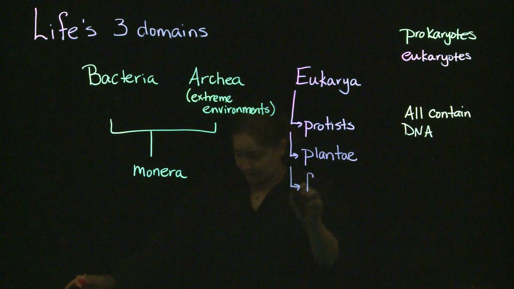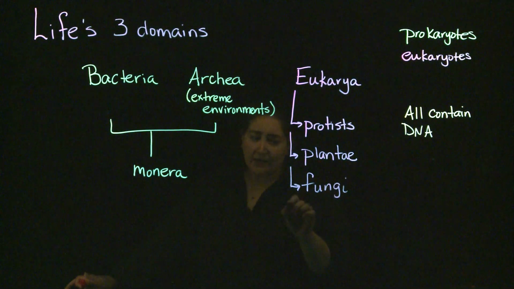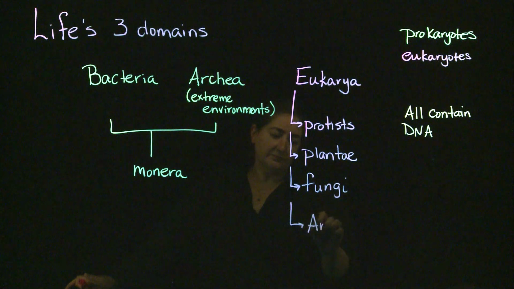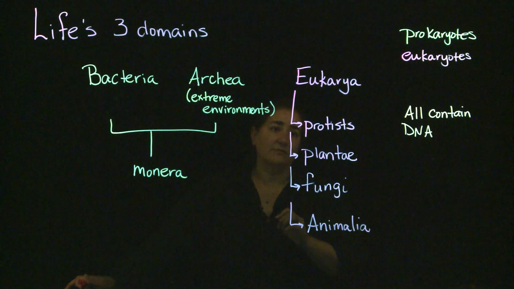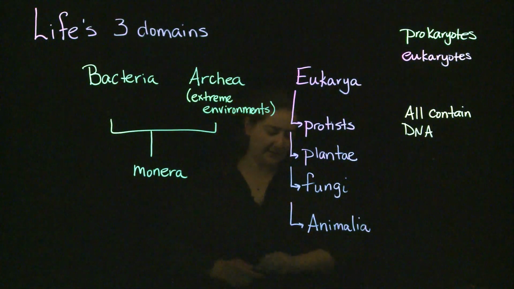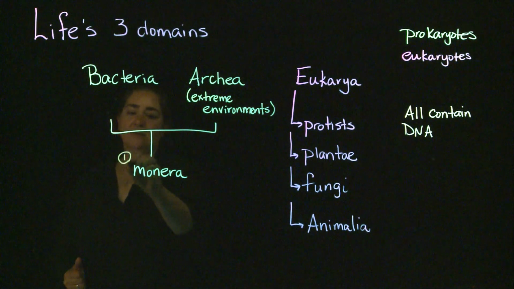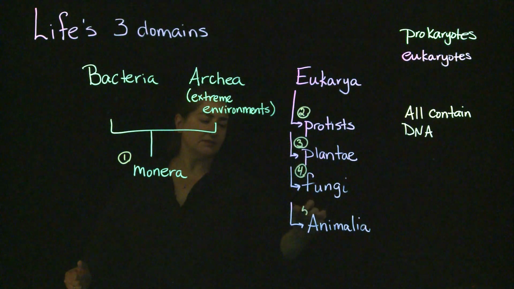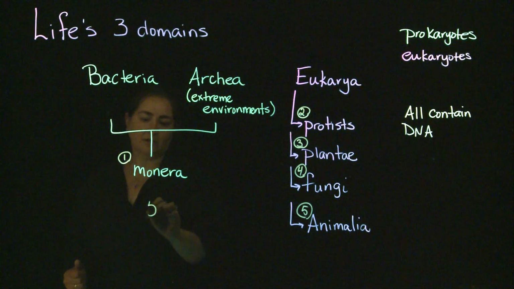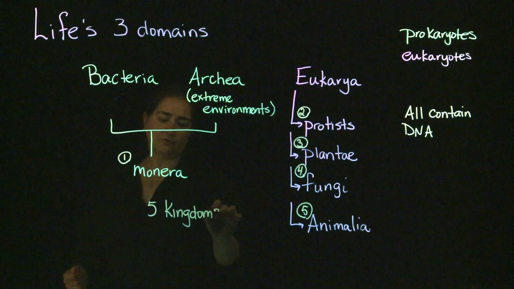We've got fungi. And then we have Animalia, okay? So in terms of that, our 5 kingdoms are going to be Monera, protist, plant, fungus, Animalia. Okay, those are the 5 kingdoms that I want you to know.